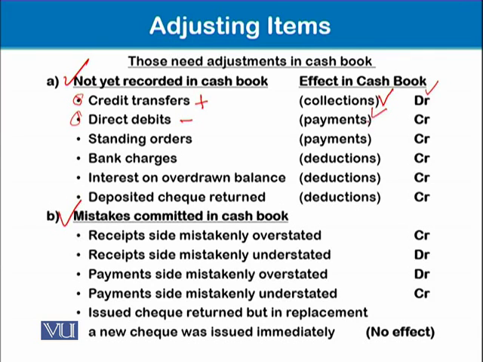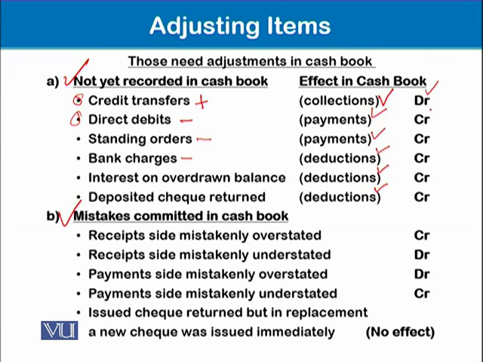Mostly it happens when we pay to someone. Then standing order also causes a decrease. Bank charges also cause a decrease or deduction. Interest on overdraft balance is also a deduction in our account, and deposited checks returned dishonored is also a deduction.